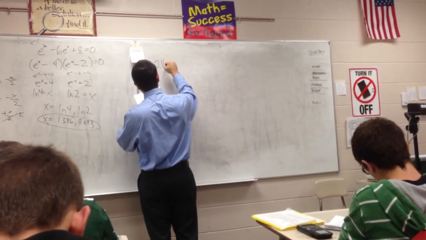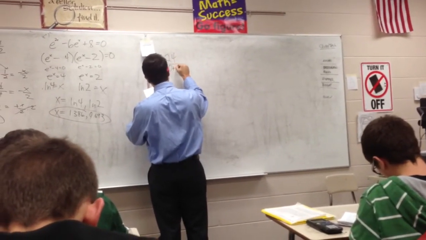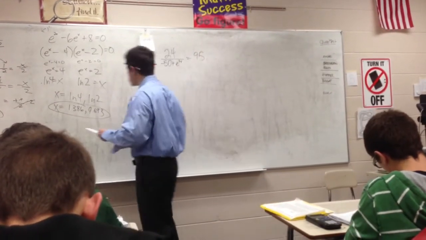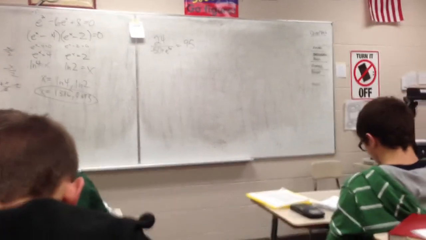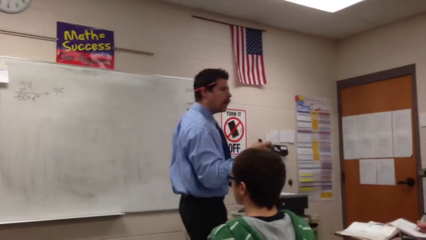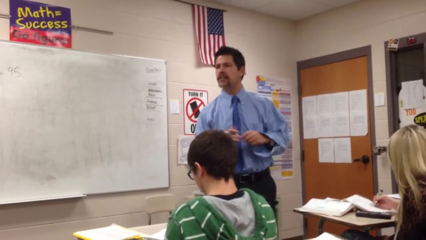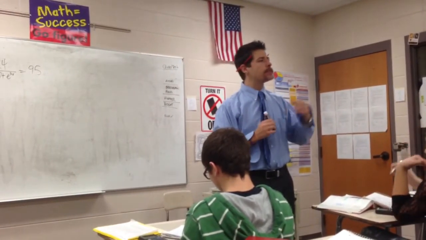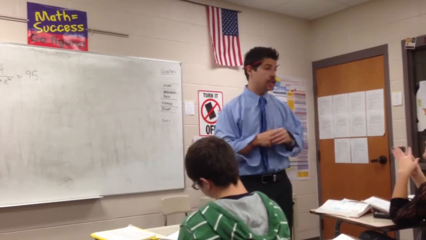24 over negative 50 plus e to the 3x power is equal to 95. We're going to start getting into this interest formula, finding out how much money I need to invest in order to retire, looking at how much money needs to be in my fund in order for me to go to college.